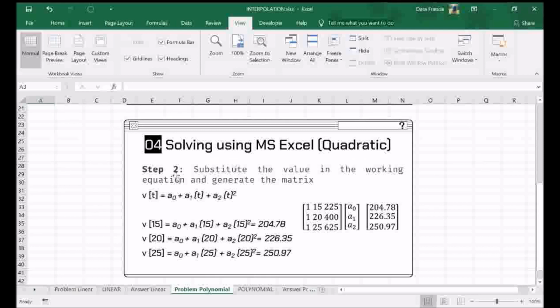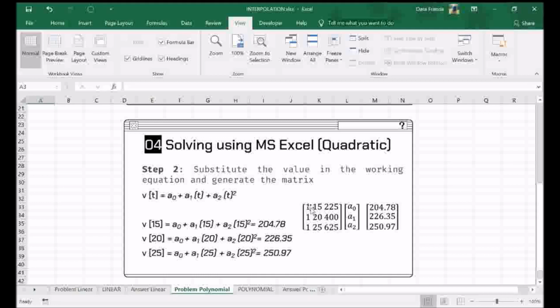Again, same step 2, we just need to substitute the value of t for each function and equate it to its value. For v15, we substitute t with 15 and put its value. Same with v20 and v25. And we will create the matrix the same way.